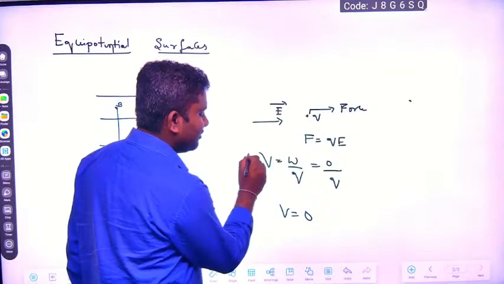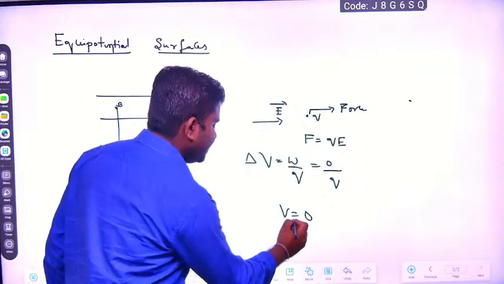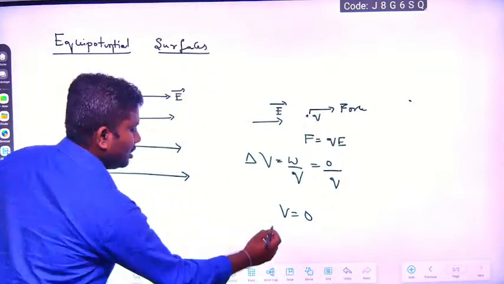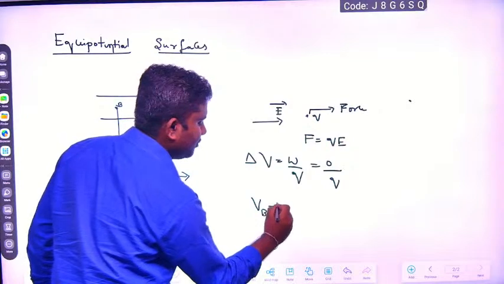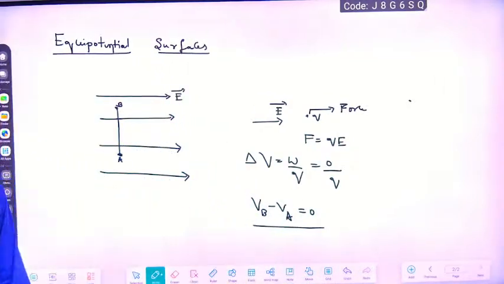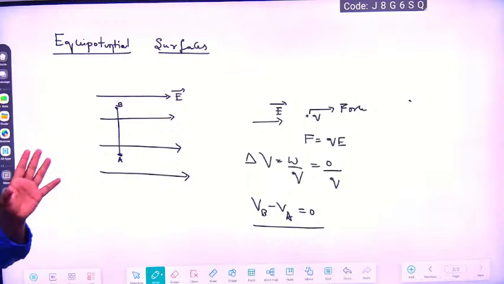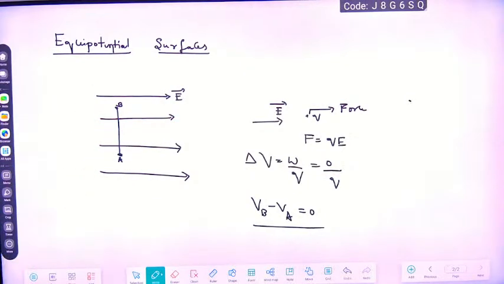This is delta V: VB minus VA, which equals 0. So when work done is 0, that surface is said to be an equipotential surface. A surface is said to be equipotential when the work done to move a charge within that surface is 0. Please write that.